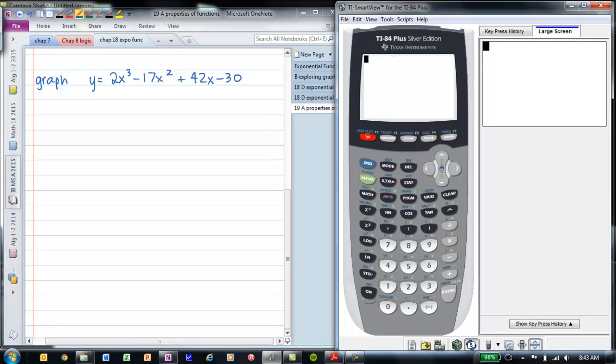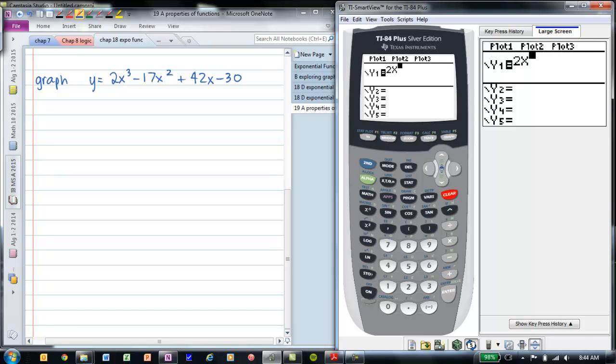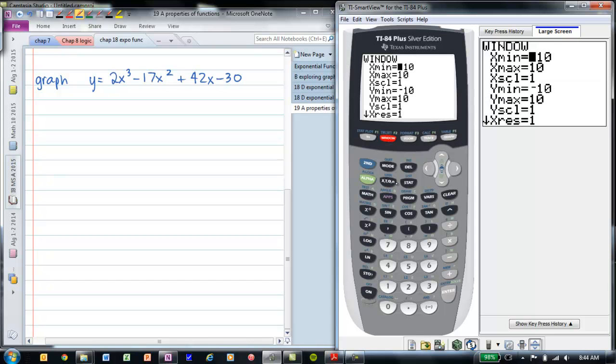So let's go into the y equals, and we're going to type that all in. 2x cubed minus 17x squared plus 42x minus 30.